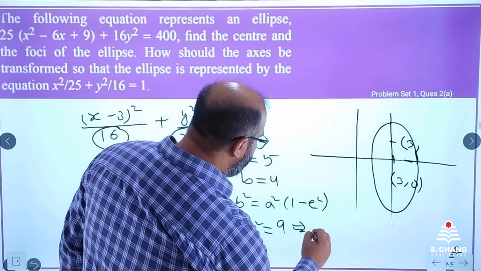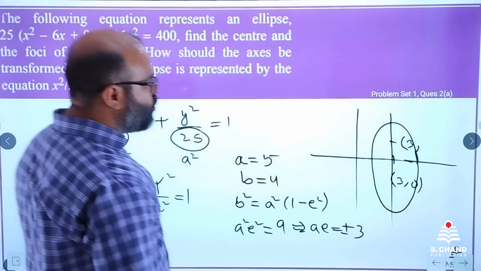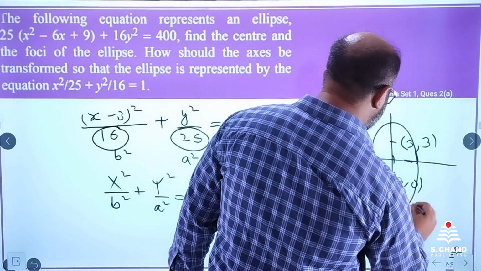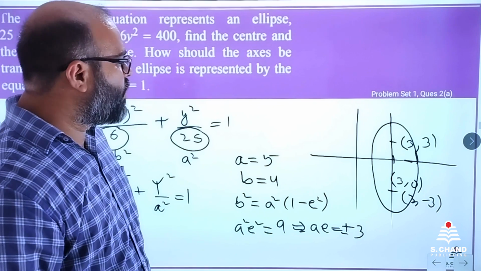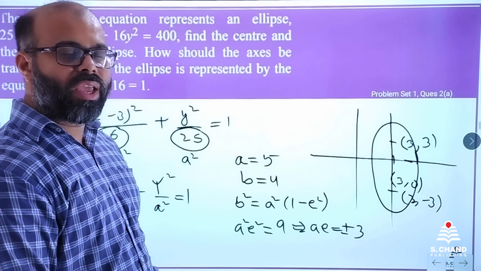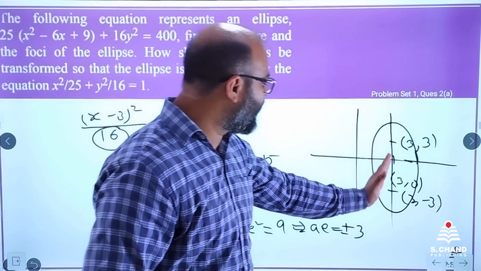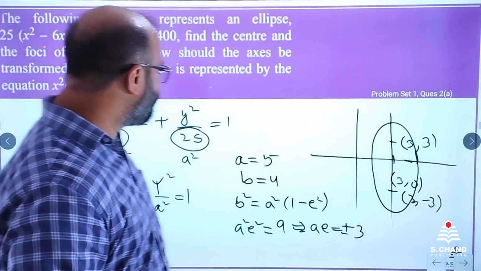So AE is equal to plus minus 3. So you can say that 3, 3 is one focus and 3, minus 3 is another focus. So this is how we find the foci. As we know, AE, 0 changes to 0, AE, and since it is shifted, it is not 0, AE, but alpha, AE.